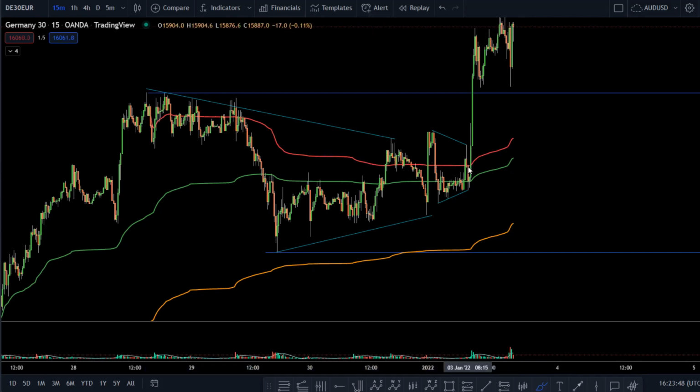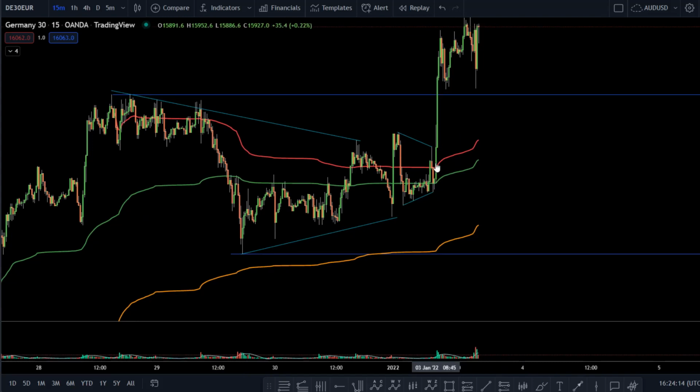And by breaking with such a strong candle here, whoever was selling and trying to push the market down lost control. So VWAP gives you an objective way to assess who's in control and who's not, and a way to time your entries. Alright, this is a good place to enter.